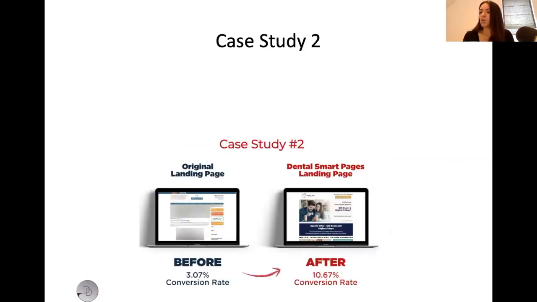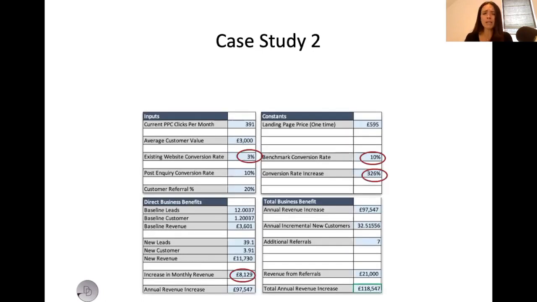So we've got a similar story here with another one of our clients who was converting patients at just over 3%, but this increased to over 10% when using one of our landing pages. So their prices were slightly higher, but we were still able to boost their annual revenue by £118,000 by making that one change, changing nothing else.